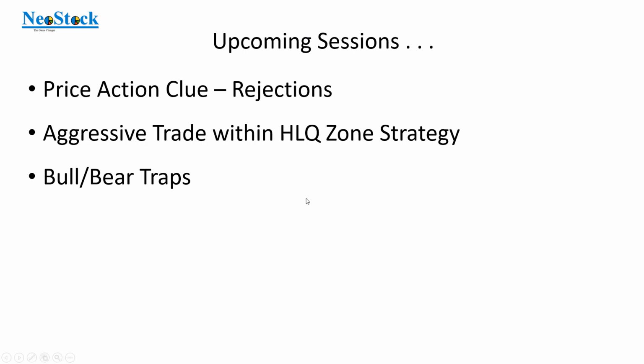After that we will discuss bull or bear traps. After that, as I told you, we will cover some special and exceptional scenarios in another video. Hopefully the information in this video is good enough for you to start practicing and fine-tuning the high liquidity zones and identifying the institutional order flows at 5 minute fine-tuned zones.